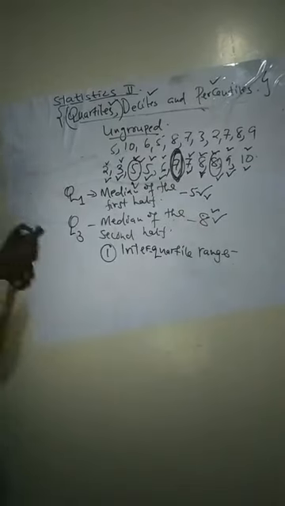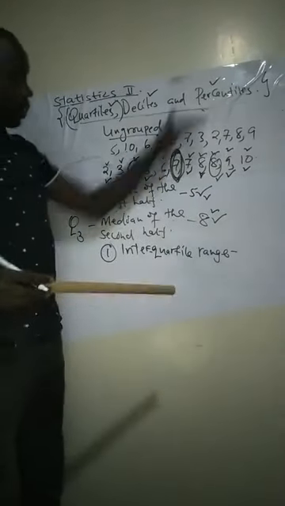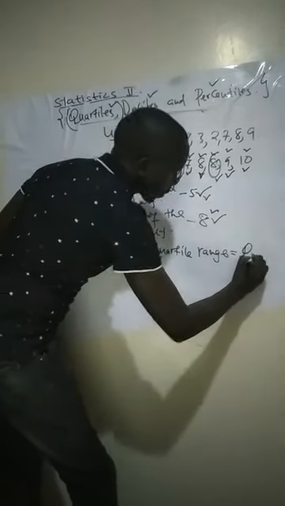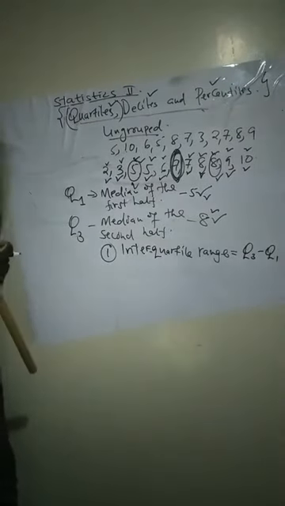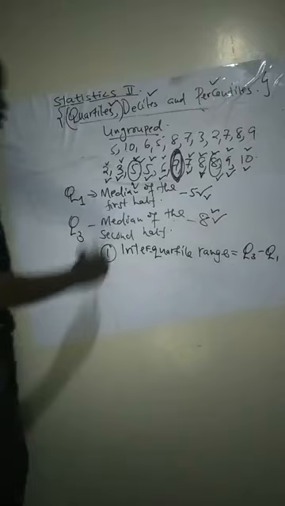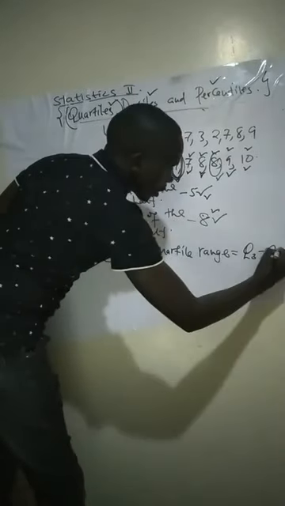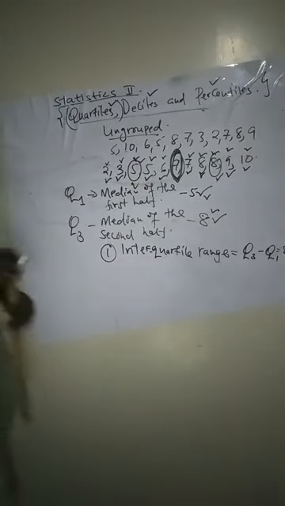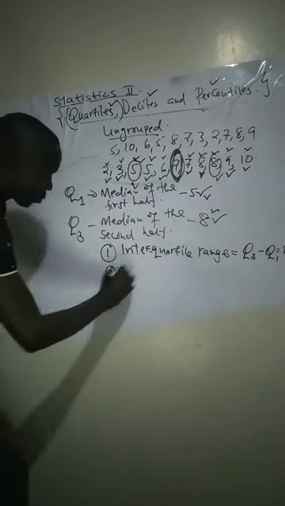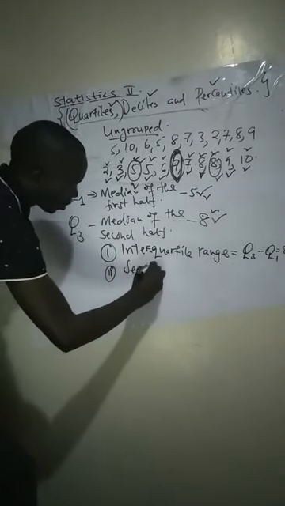The interquartile range is the difference between the upper quartile and the lower quartile. So this is given by Q3 minus Q1. In this case, I have Q3 as 8, so the answer here is 8 minus 5, which is 3. That is the interquartile range. Then I have another term which is important here, the semi-interquartile range.